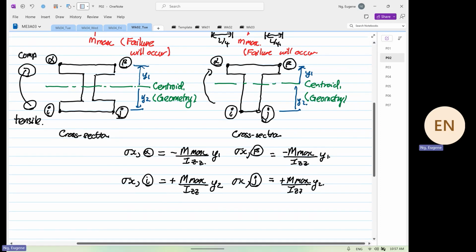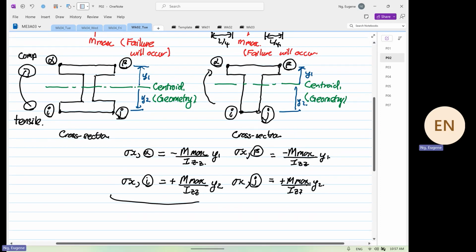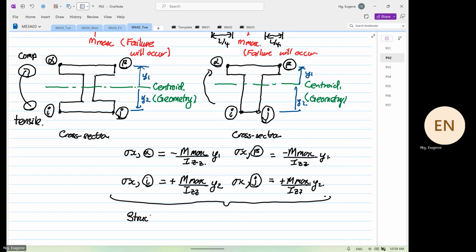So for this case, when these conditions are met, the structure is under centric, symmetrical bending. Are we clear?